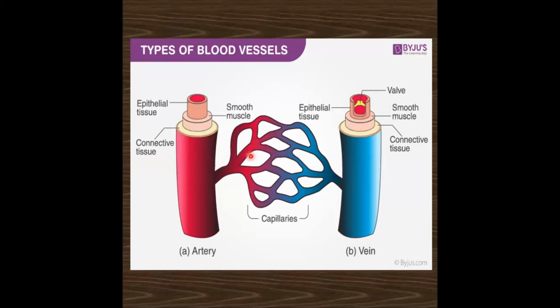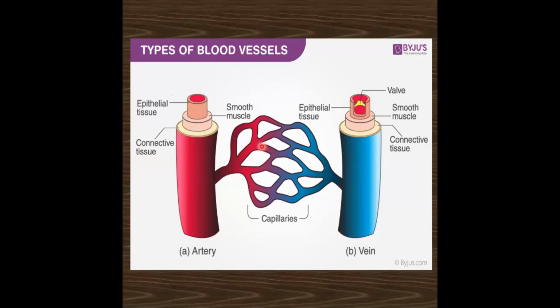Hence, they provide a large surface area as compared to the artery. There is another type known as sinusoids. Sinusoids are a special type of wider capillaries present in bone marrow, liver, lymph nodes, spleen, and some endocrine glands. They may be continuous, discontinuous, or fenestrated sinusoids.